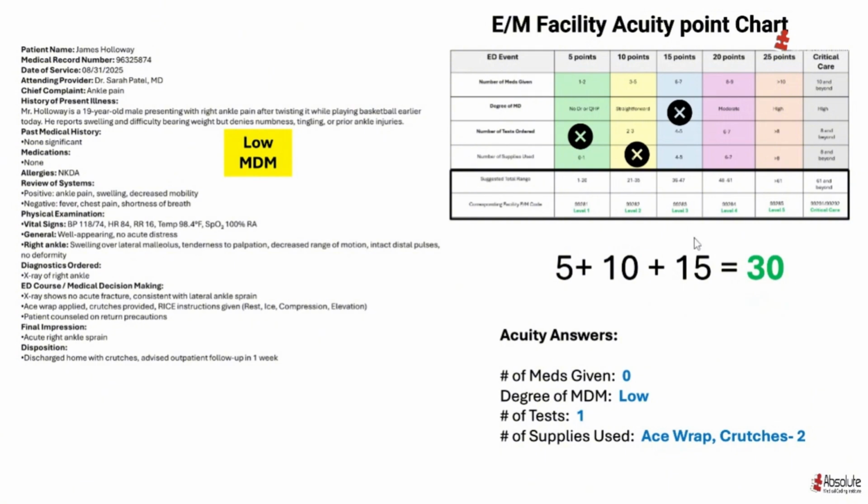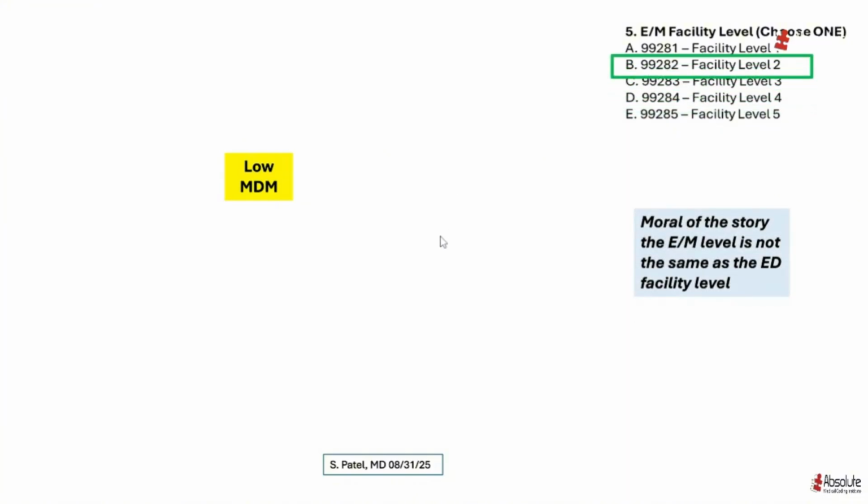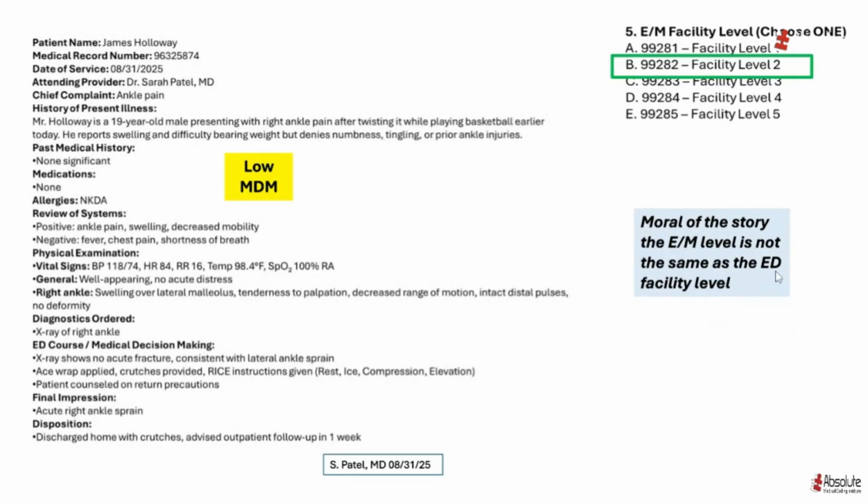This 15-point column, 15, and the answer is 30. So if we search where 30 falls, it falls right here. And this is a level 2 E&M facility. And the moral of the story, the E&M level is not the same as the ED facility.